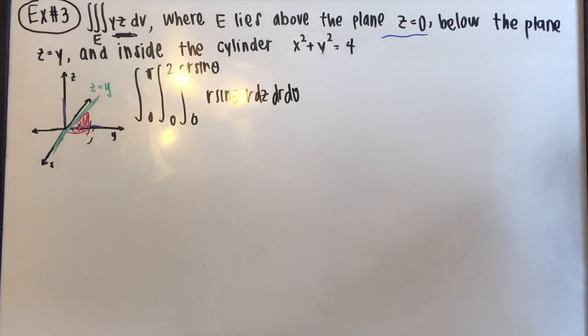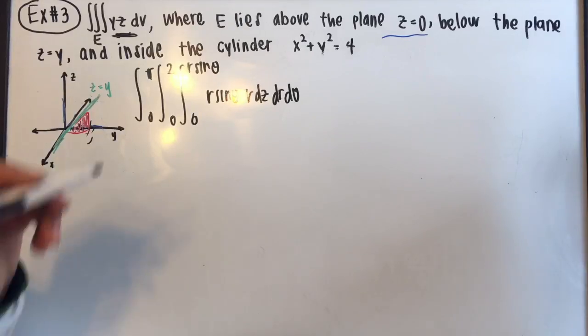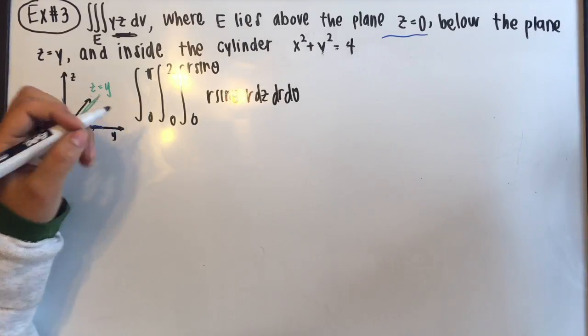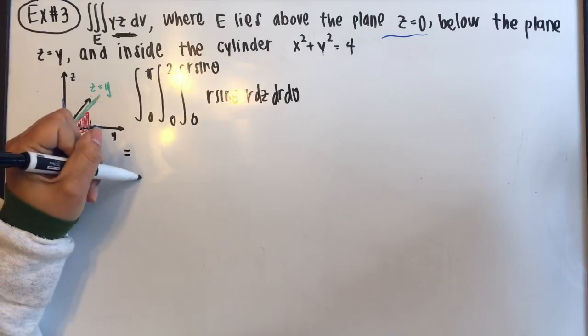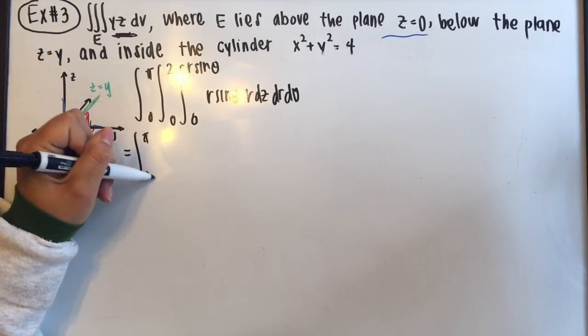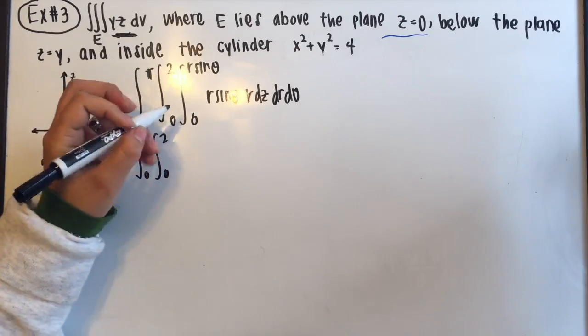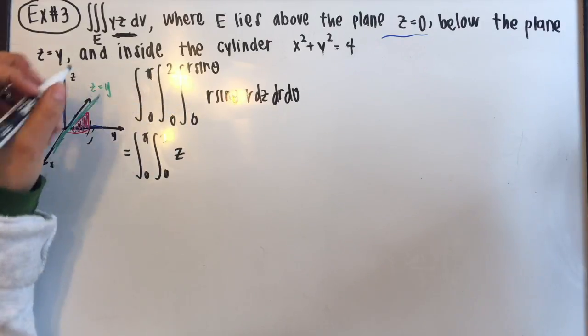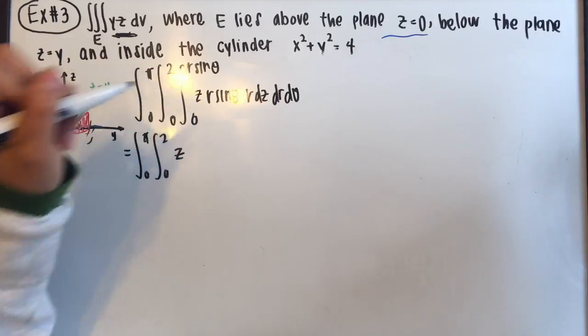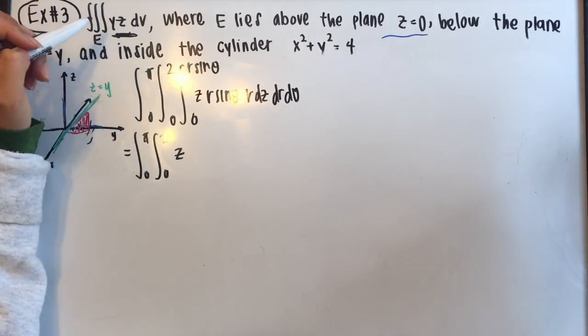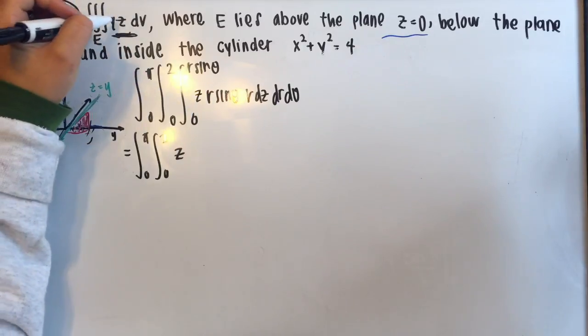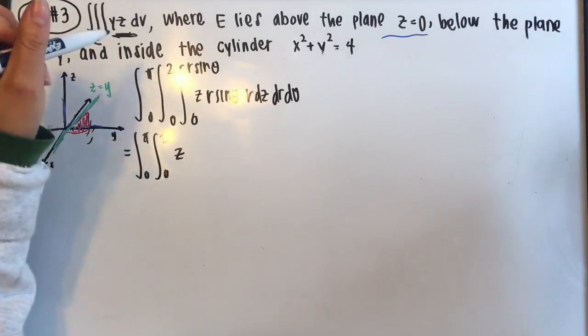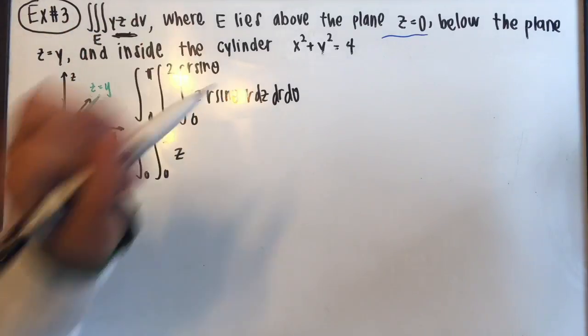So now we integrate with respect to z. We get from 0 to pi, 0 to 2, and z. Oh, I forgot the z, so be careful. So it's z r sine theta.